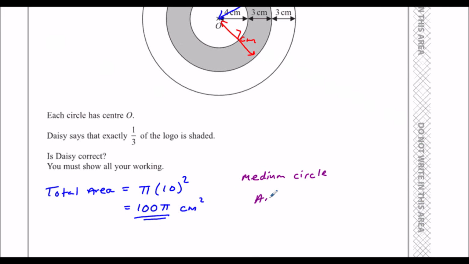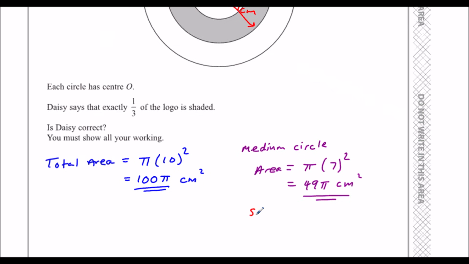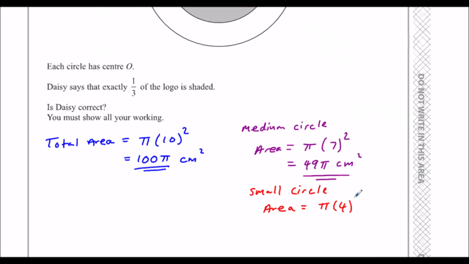If we work out the medium circle, that's got an area of pi times 7 squared. 7 squared is 49, so that's 49 pi centimeters squared. And the small circle has got an area of pi times its radius, which is 4, squared. 4 squared is 16, so that's 16 pi centimeters squared.